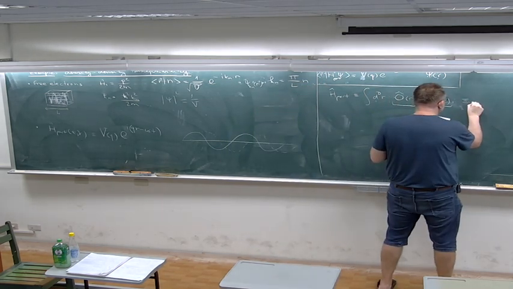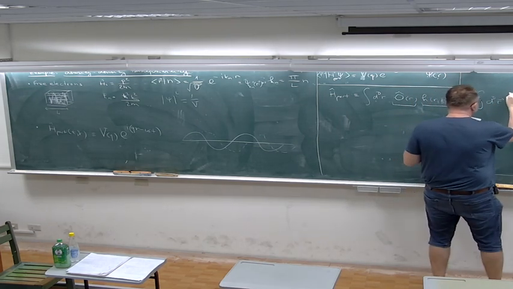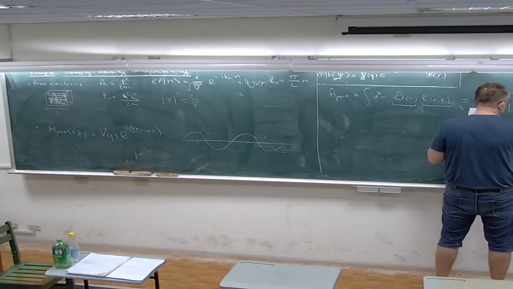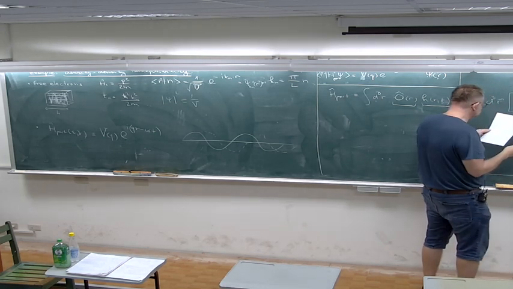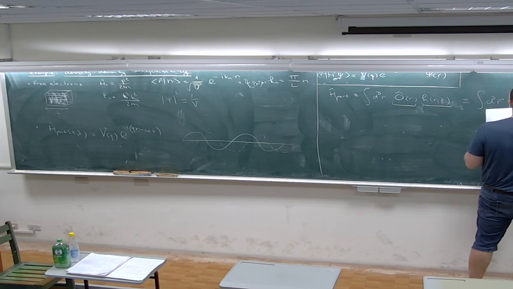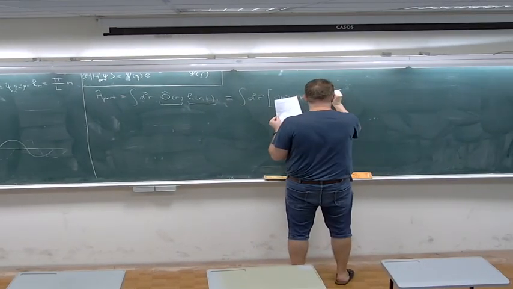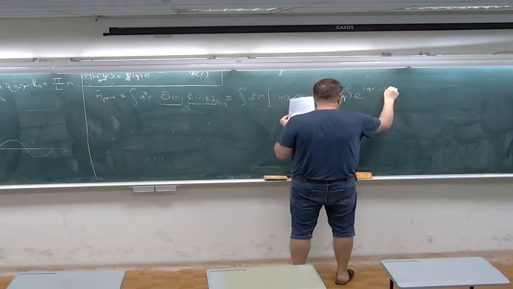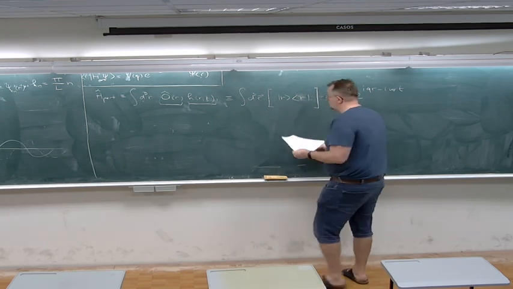So I'm writing it. This is maybe the most non-trivial part. As an operator, I can write it directly like this, and here I am writing it as e^{iqr}.